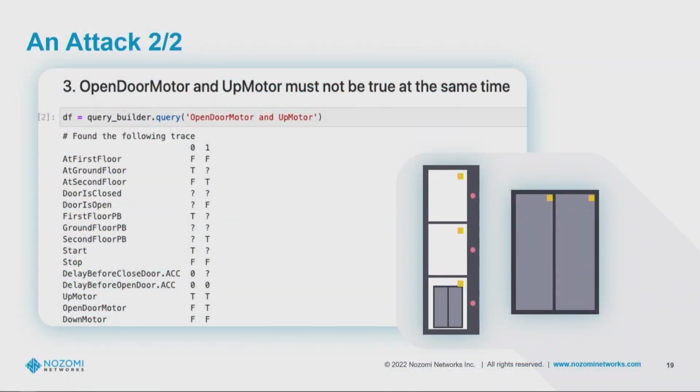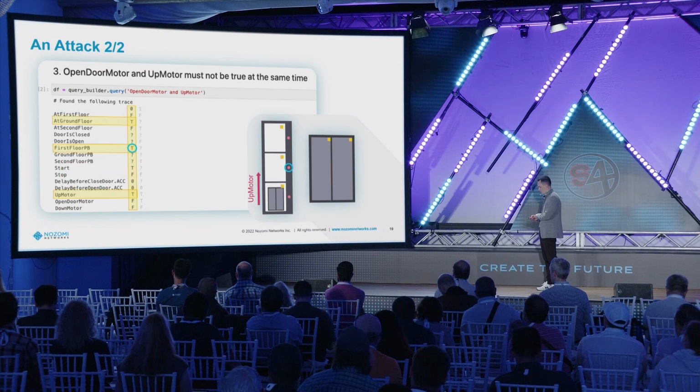So if we analyze the trace, we can observe the following: the elevator is initially at the ground floor, and somebody pushes the button to activate the motor to go up.